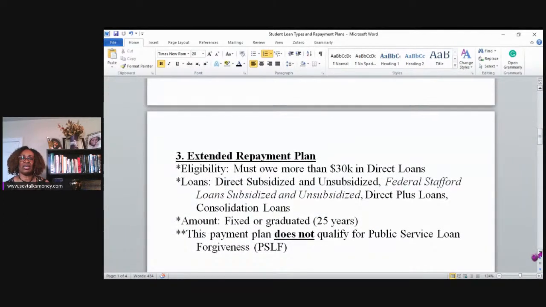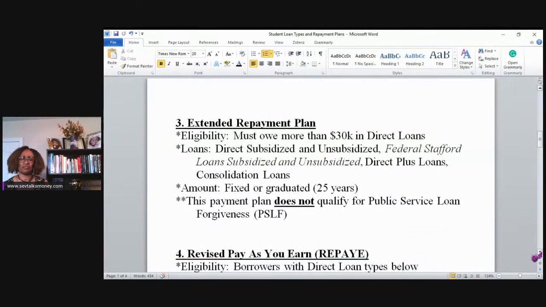So number 3 is the extended payment plan. This one, you have to owe more than $30,000 in direct loans. And the loans that qualify are listed right there: direct subsidized, unsubsidized, etc. Now, this could be a fixed or graduated payment.